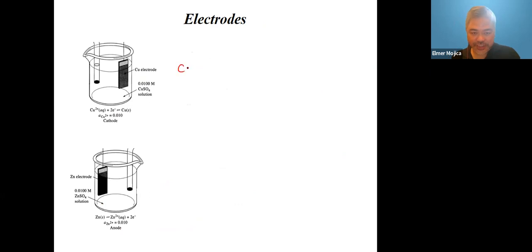So meron tayo yung cathode. So usually, that's where reduction takes place. Okay? So if this is where reduction takes place, so that means yung electron mo ay nasa reactant side. Because reduction means gain of electron.